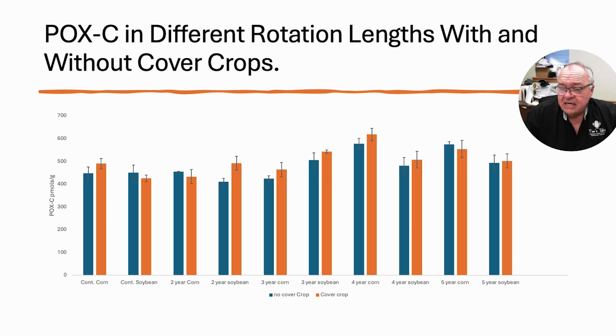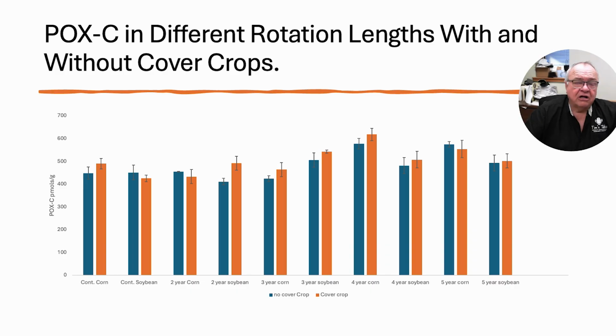Again, the epoxy, we at one time thought that was a very active carbon. It's not as active as we once thought it was, but it still is beneficial for the soil biology. And starting at about the third year with soybeans, we start seeing a big improvement that lasts throughout the 4- and 5-year rotations.